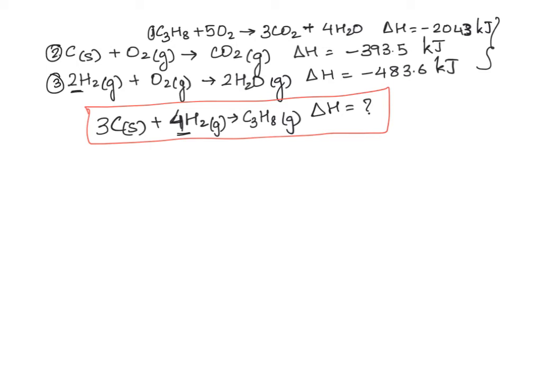So to get to 4 hydrogen moles, we shall multiply equation number 3 with 2.